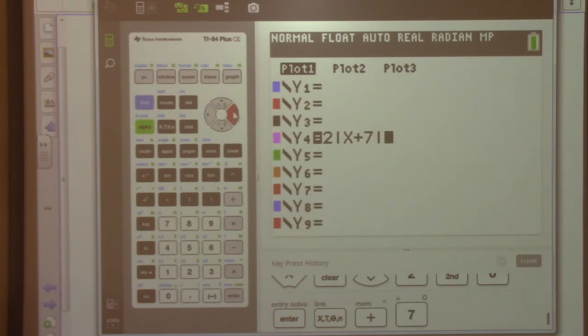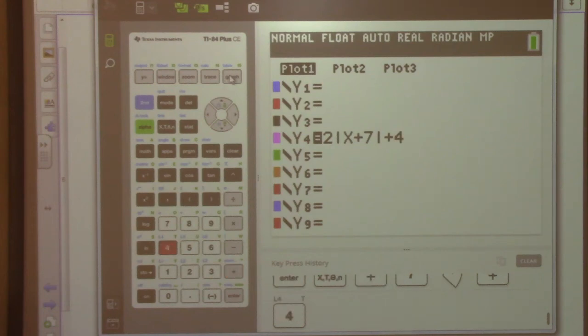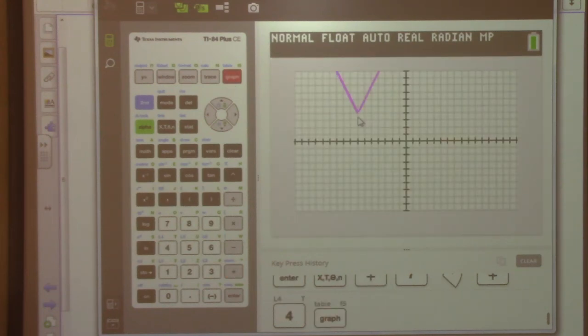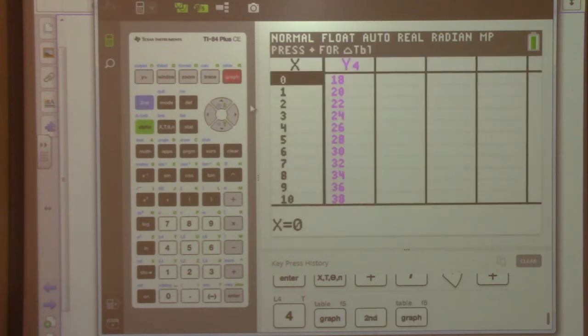And then over here, is it plus 4? Yes. Then we graph and see what it looks like. If it's right, we should see the right points at the table. Go minus.